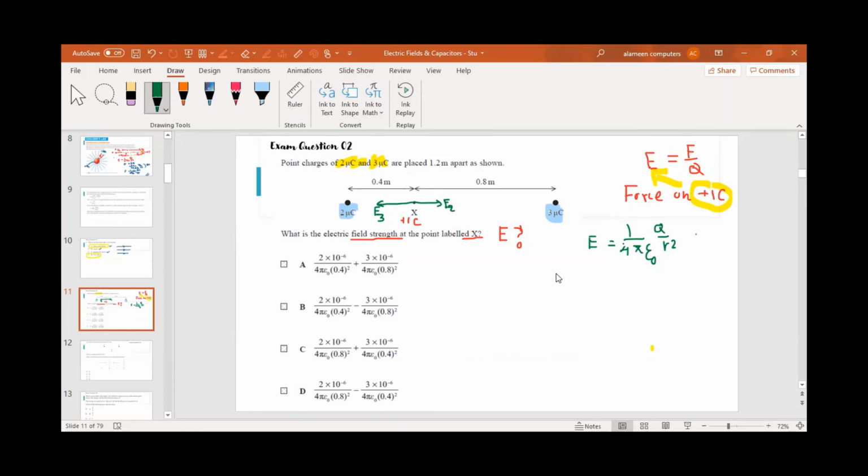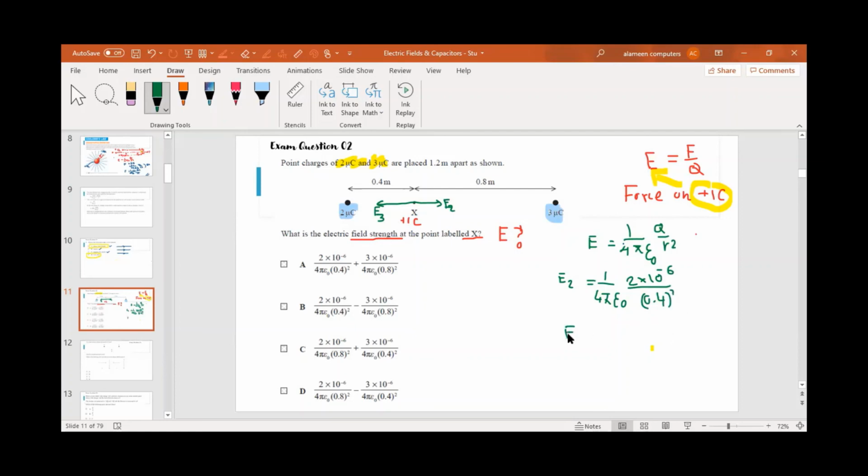So what is E2? Electric field strength from 2 microcoulomb: 1/4 pi epsilon naught, Q, the charge of this particular charge is 2 microcoulomb, 2 into 10 to the power minus 6, the distance between the charge and the point is 0.4 meters. So R squared, 0.4 squared.